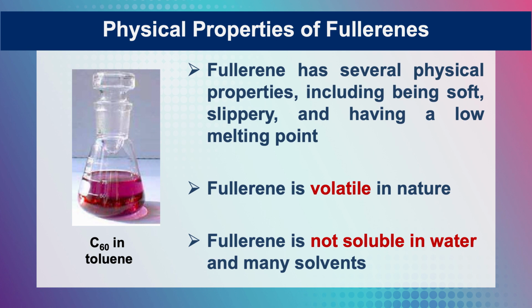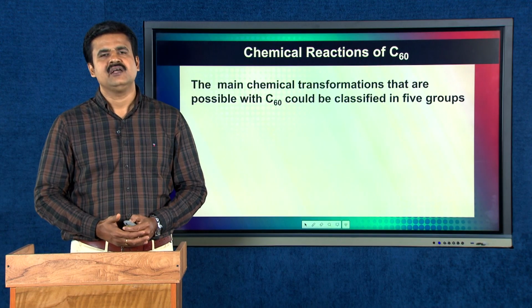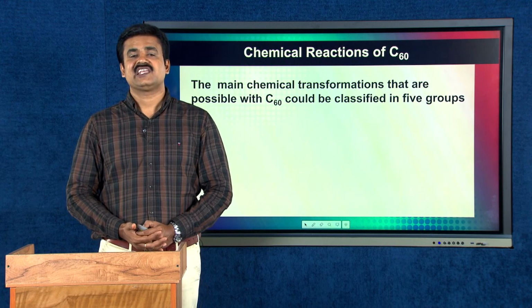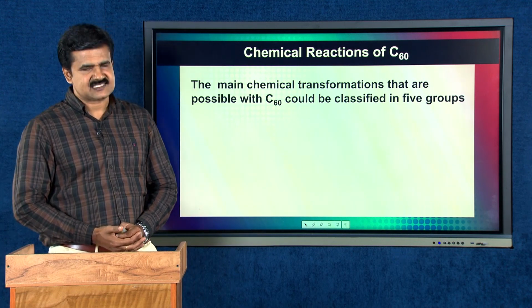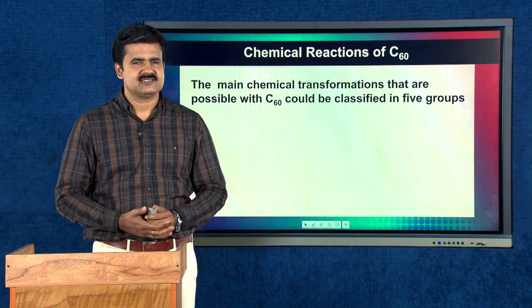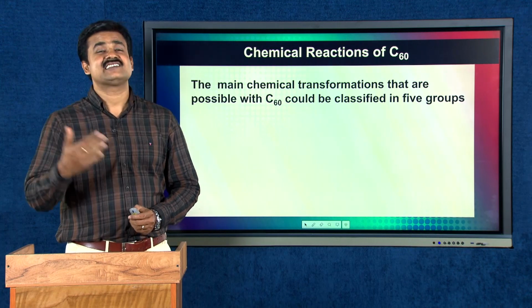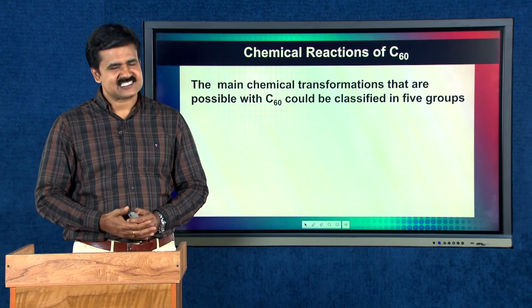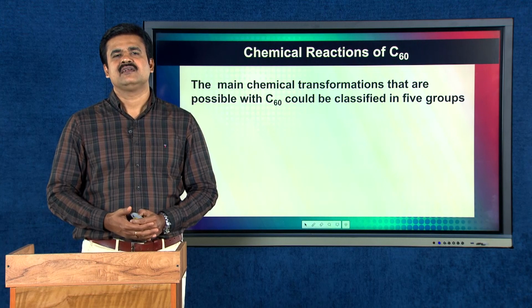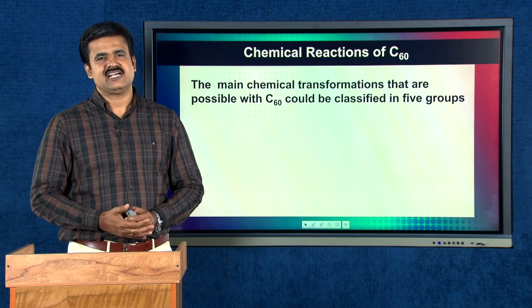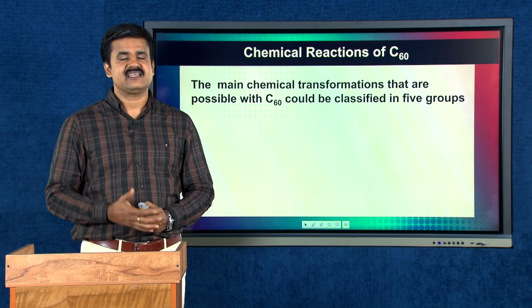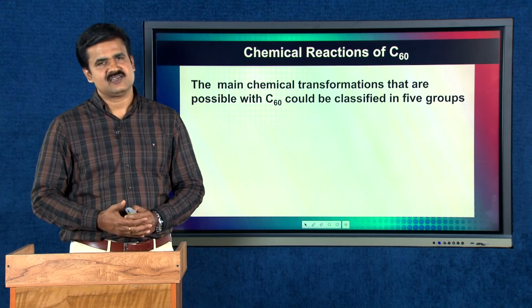That is about the solubility. We are now looking at the chemical reactions of C60. There are so many fullerenes, but the most thoroughly studied species is C60. So, we are discussing the chemical reactions of fullerene by taking C60 as an example.